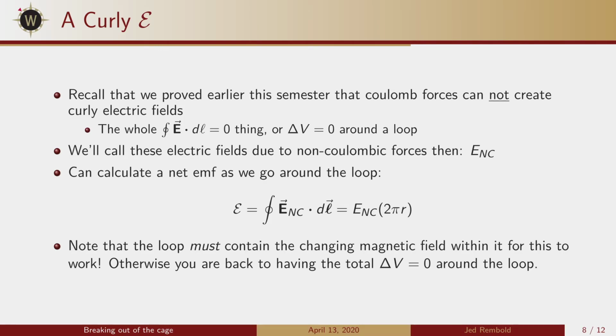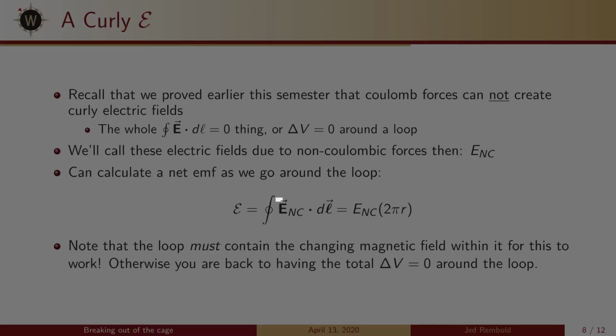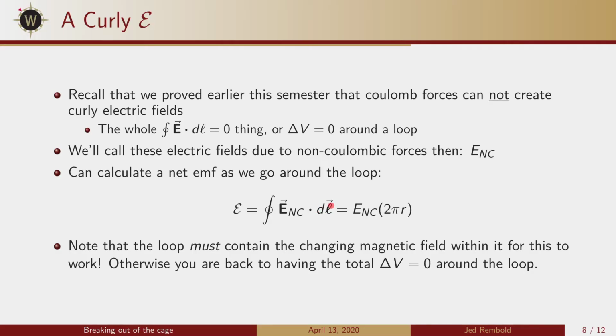If I integrate the field around some closed loop, I'm going to get some particular value. If it's a perfect curling circular system, the circumference of the loop as I go around it is just going to be the circumference of a circle. And this would be whatever the strength of that electric field is. And it's going to be related to some potential.